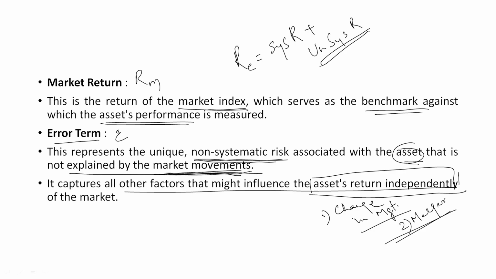Then the third part is the market return. So market return is nothing but, here we are using the market index. Okay, so I have considered Nifty or Sensex as the market index. In the earlier slide we have seen beta just before this. So impact of beta on the market return, which is reflected as RM.